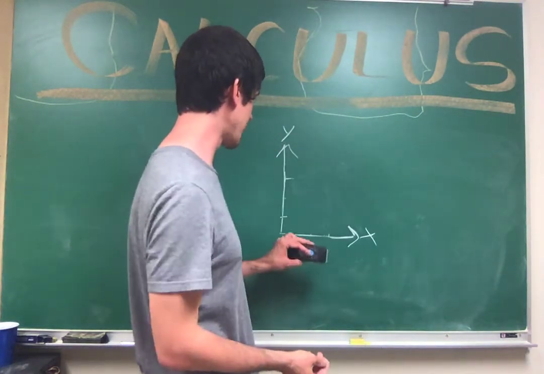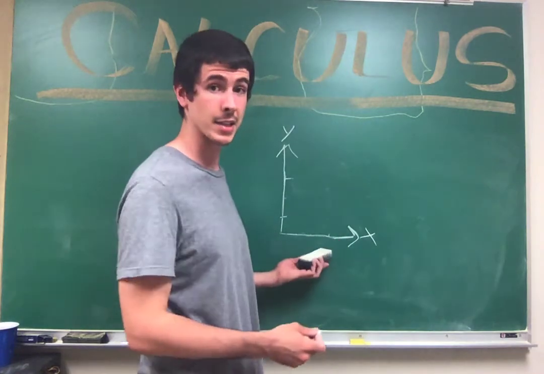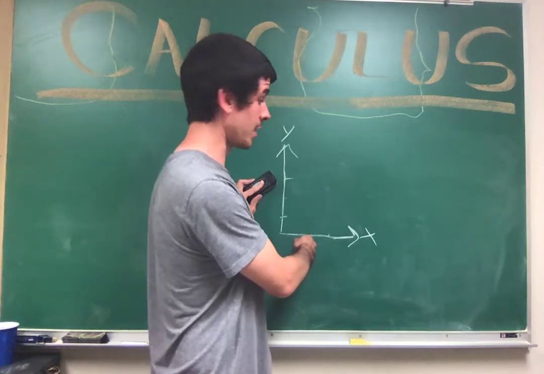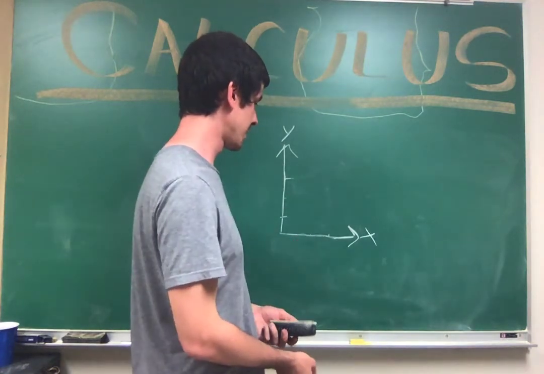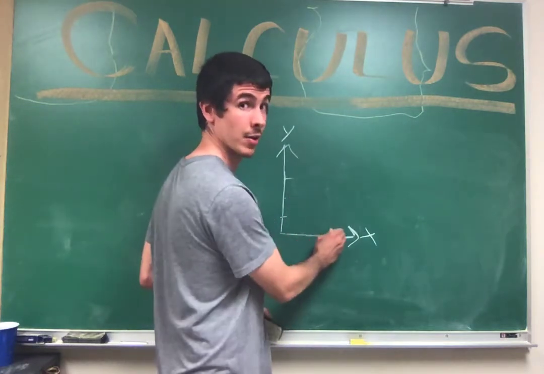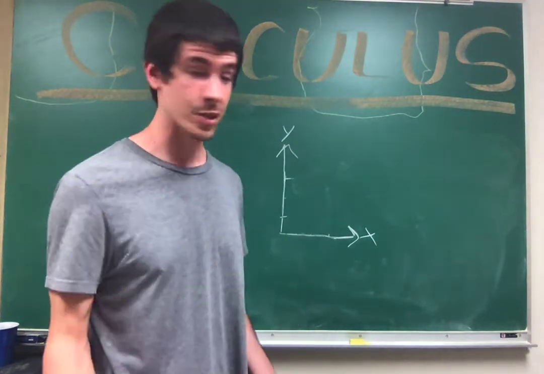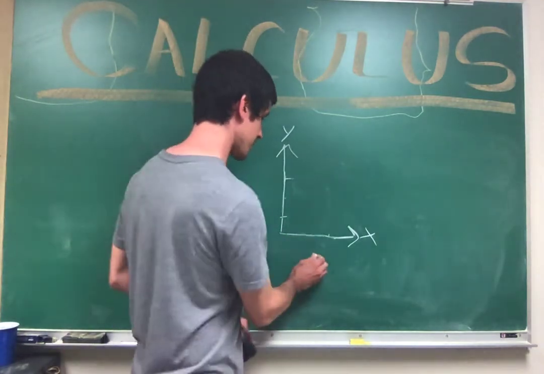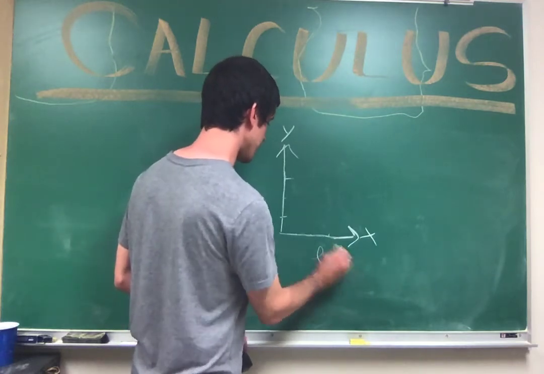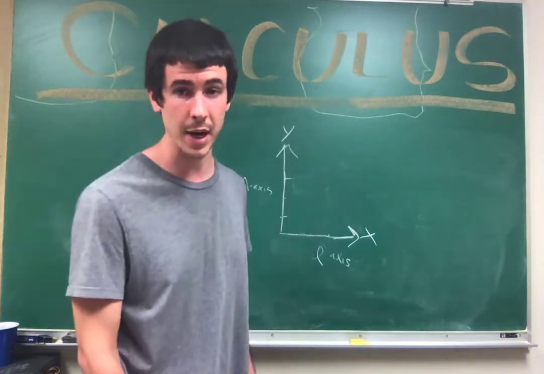For example, we could rename this x-axis to be the time axis, and rename the y-axis to be the distance axis. And then we could graph the distance as a function of the time. So the time would be going along this axis, and the distance would be going along this axis. Or the area of a square: this could be the length axis, and this could be the area axis, which of course is now a totally different representation of the problem.